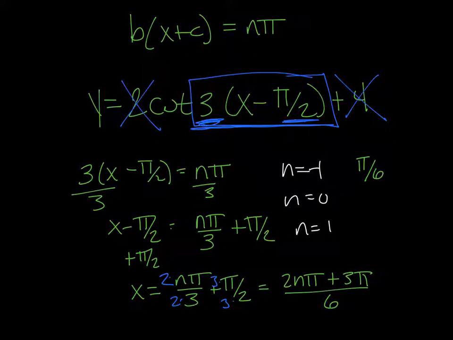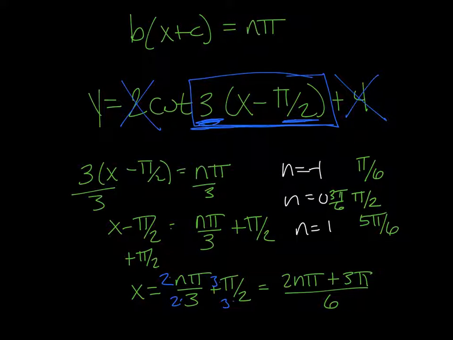And then I'm going to plug in 0, this cancels out, so I just get 3 pi over 6, which reduces to pi over 2. And then we plug in 1, that gives me 5 pi over 6. Okay, and then we would go ahead and graph. So that's one example of a cotangent.